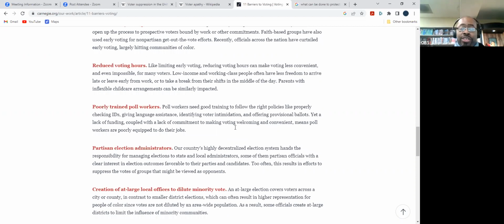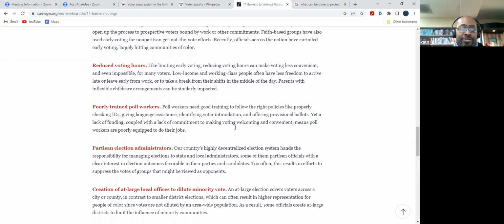Okay, next we have reduced voting hours. Like limiting early voting, reducing voting hours can make voting less convenient and even impossible for many workers. Low income and working class people often have less freedom to arrive late or leave early from work, or to take a break from their shifts in the middle of the day.